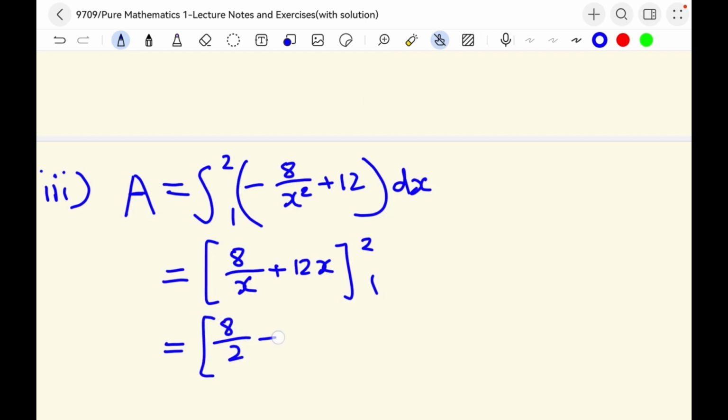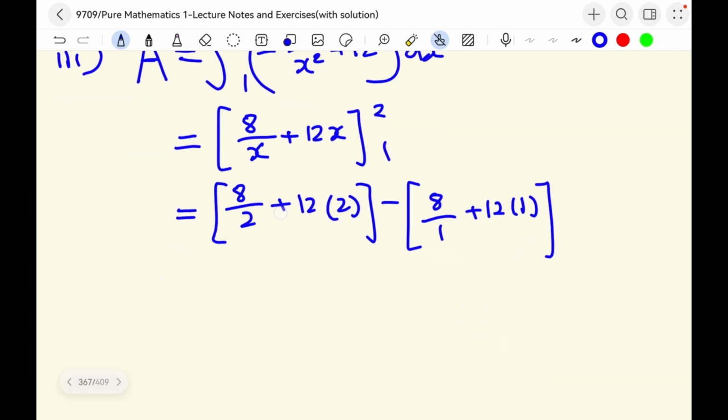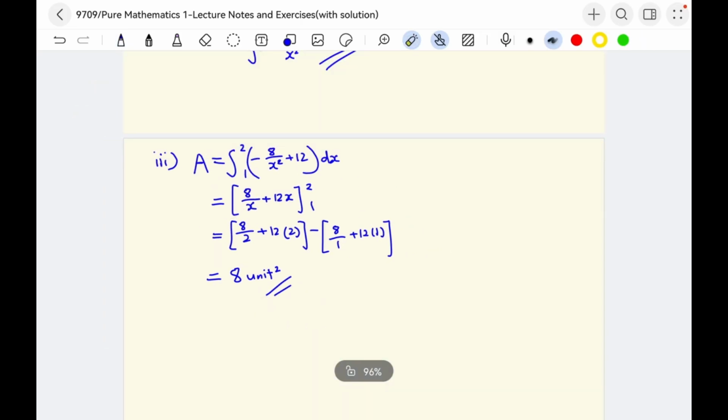Then you substitute it. So the final answer for the area under the curve is 8 units squared. Please verify your answer once again.